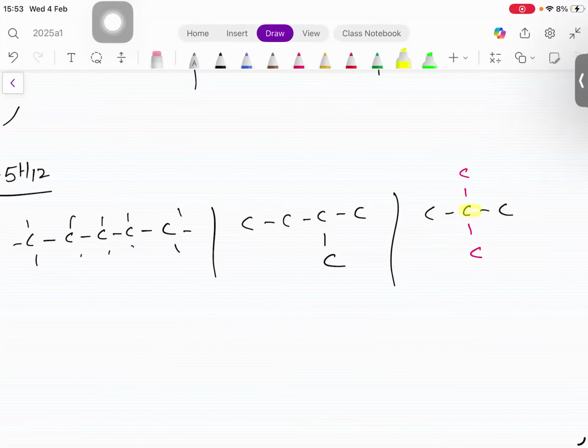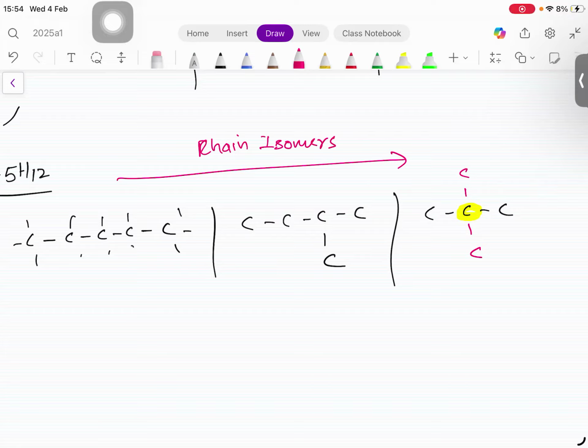You can't make the chain smaller than 3 carbons, so this is the maximum which can be reduced. So these are the 3 chain isomers for this. If you want, you can give the names, for example, pentane, 2-methylbutane, and 2,2-dimethylpropane.